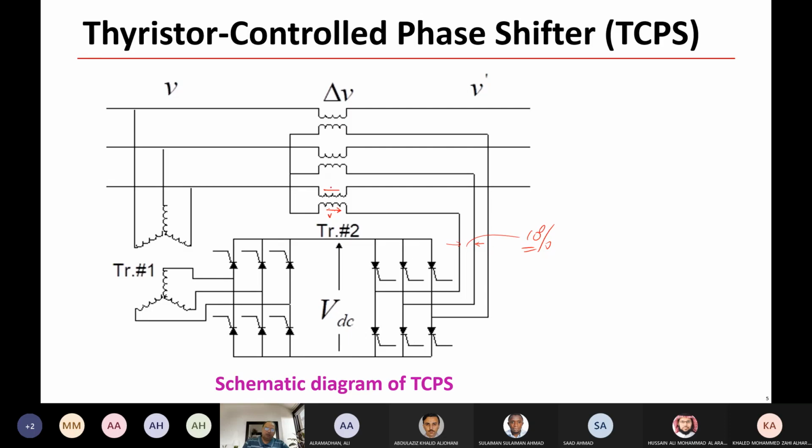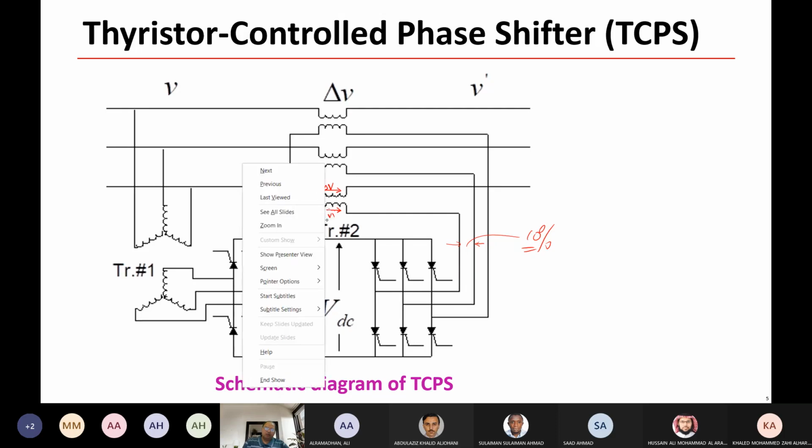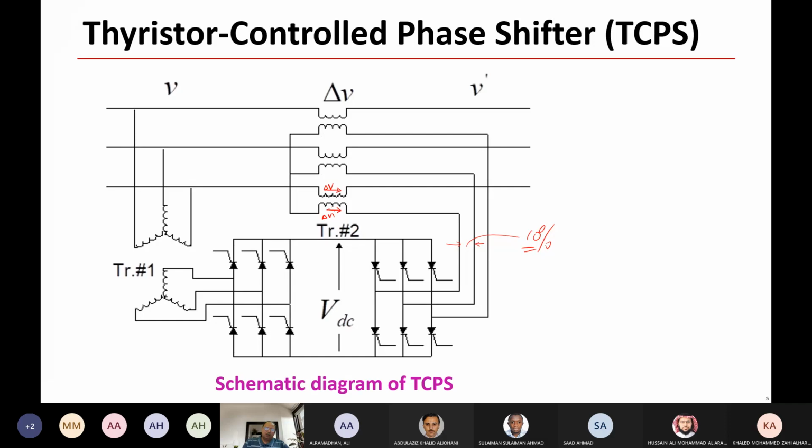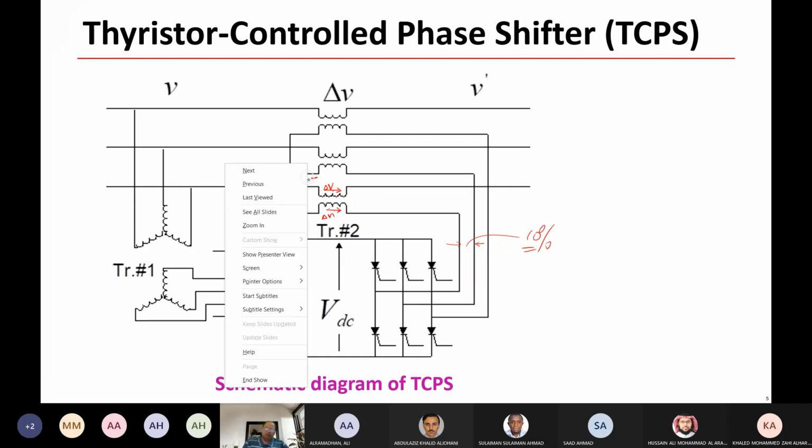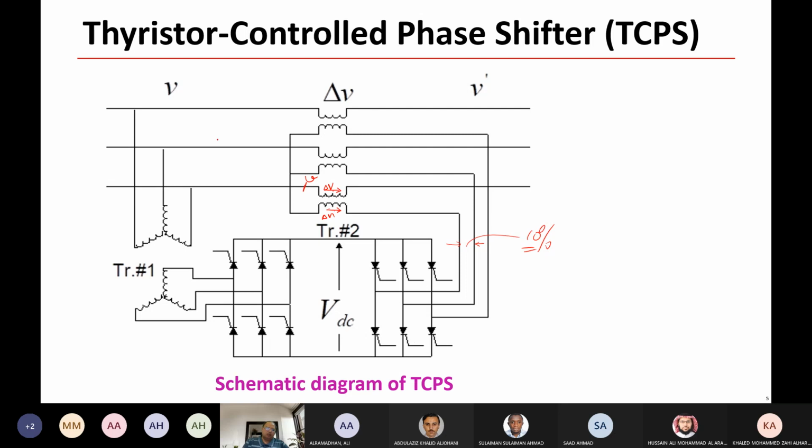You have V and V prime, for example, and this is delta V. So this is delta V, this is the primary voltage, and this is the secondary voltage of this transformer. So the voltage here is V, and the voltage here is V prime. So V prime is now equal to V plus delta V.